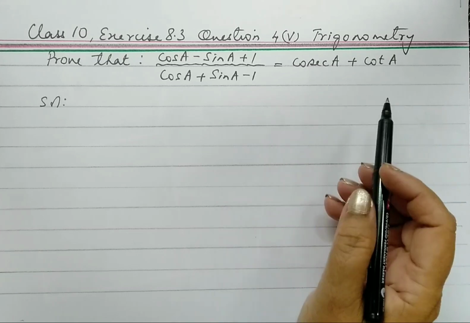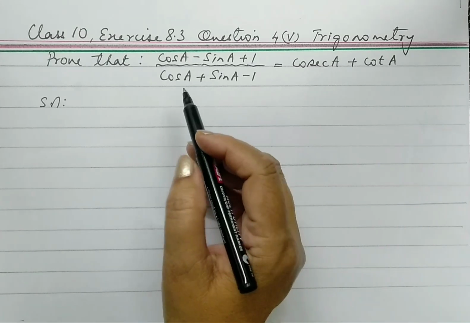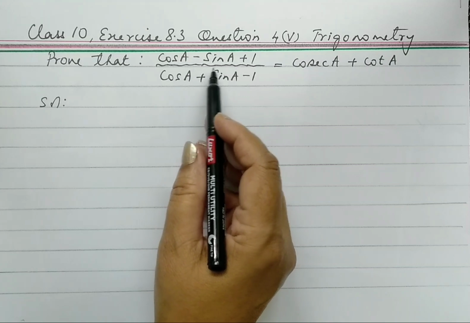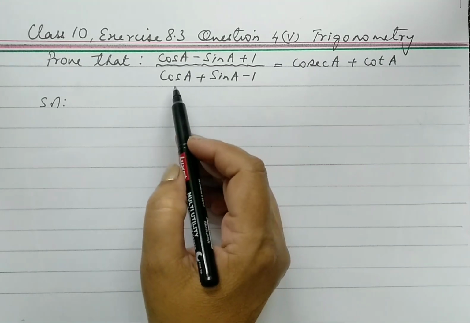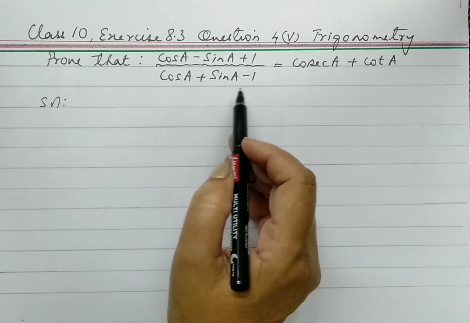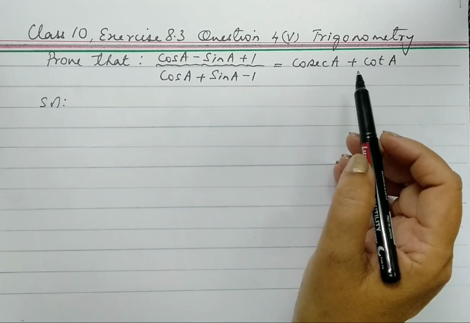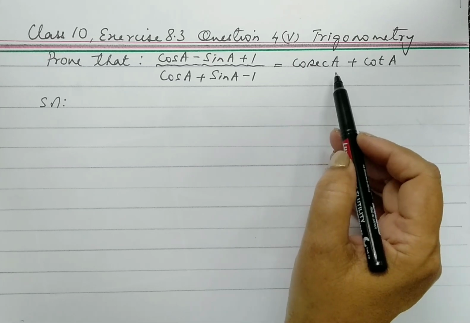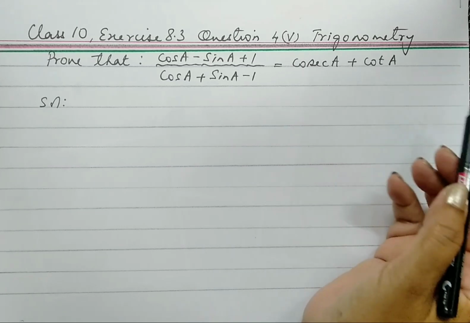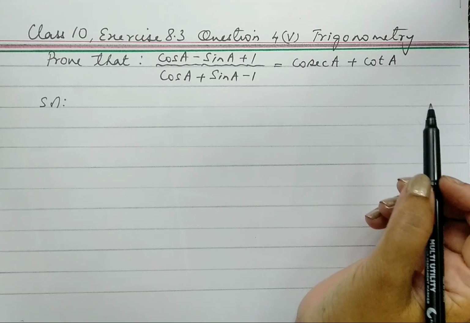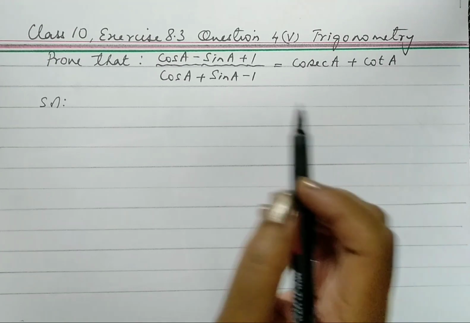Okay, let me just show you. So (cos A minus sin A plus 1) over (cos A plus sin A minus 1). Now this needs to be proved equal to the RHS, cosec A plus cot A. Right? So how do we go about it?